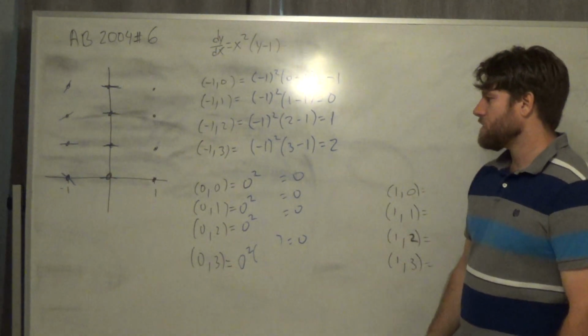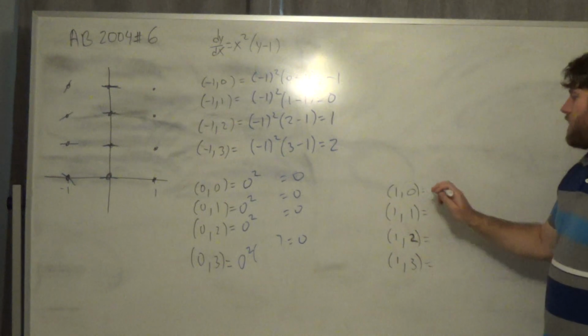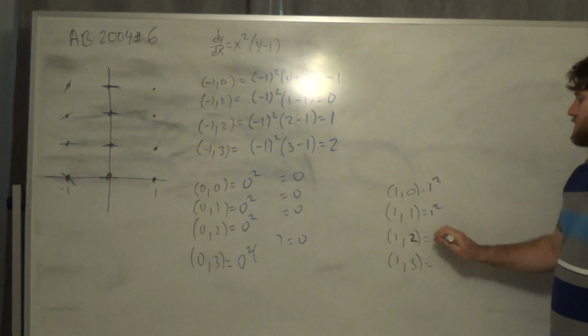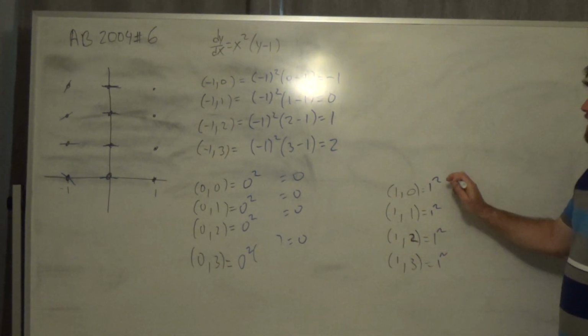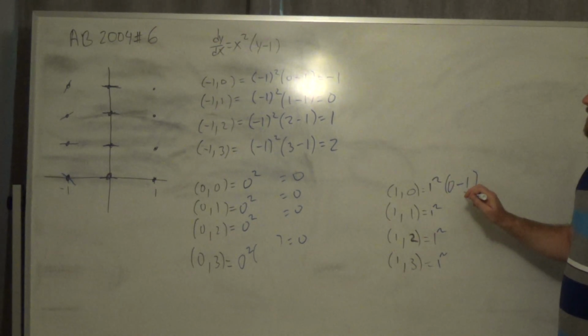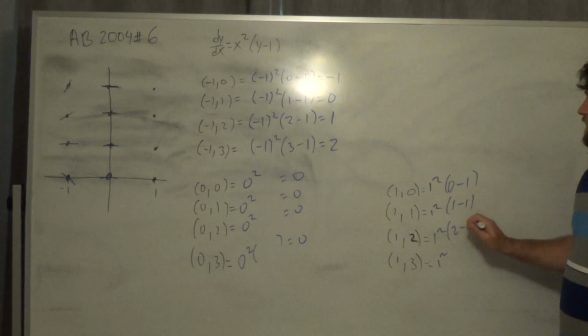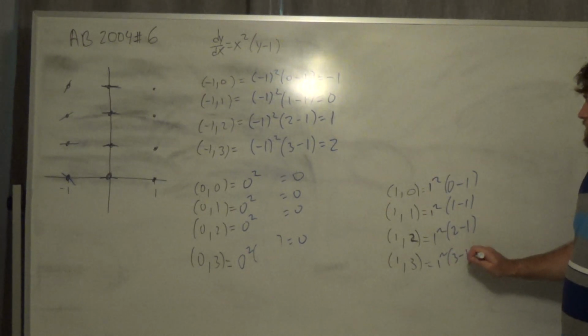Alright, now we have to deal with this last set over here. So all the x's are 1s. Again, 1 squared is simply 1. And then I'm plugging in the y's. So my y's are 0, and then 1, and then 2, and then 3.